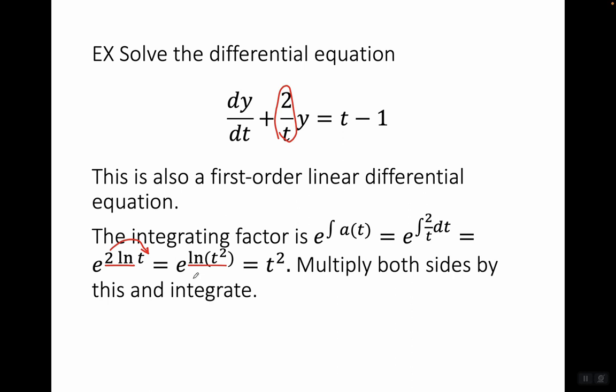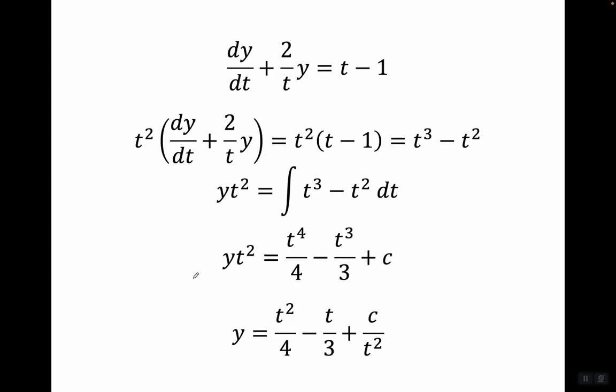We're going to multiply both sides by this integrating factor and integrate. So again, here's our differential equation. Multiply both sides by t squared. We end up with something like this: t squared times this hairy expression equals t squared times t minus 1, which you can expand out like that. And then we integrate both sides. We know what the left side is.